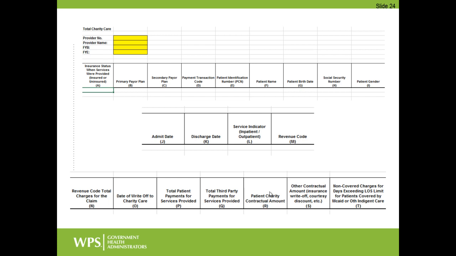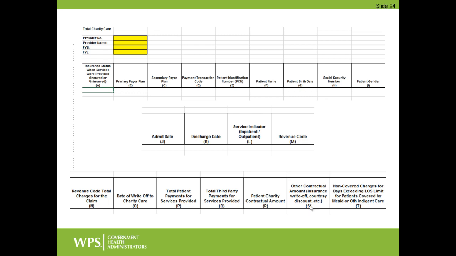It's one more disposition. But there might be other contractual amounts, insurance contractual amounts that nobody's going to pay. There might be a courtesy discount that's not allowed. So there might be a variety of other things that are happening to this claim where they're not being reimbursed, they're not being compensated.